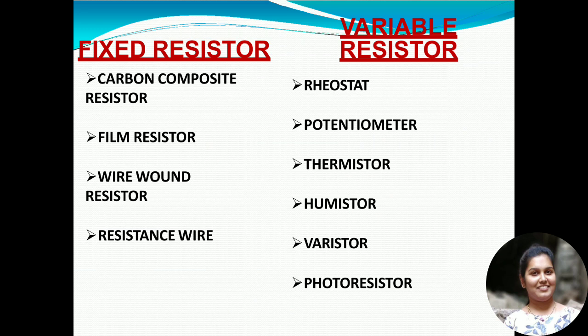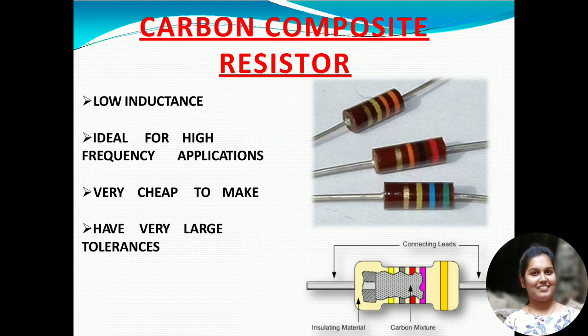So the selection of the resistance value will give us the amount of current flowing in the circuit we are connecting. These are the basic types of resistors commonly used in any electrical or electronic circuits. So let's see all these things in detail.